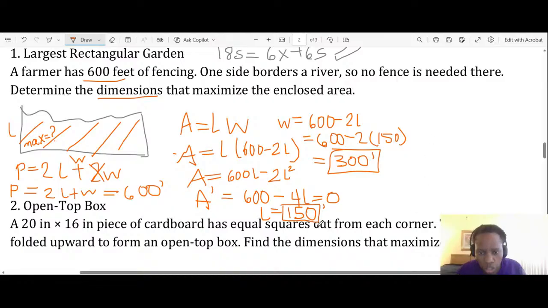I probably should have made the box around the feet symbol, but it's okay. You get the point, right?